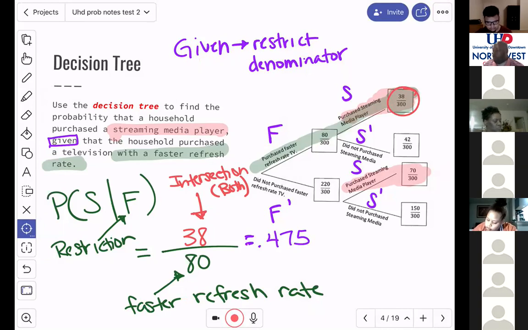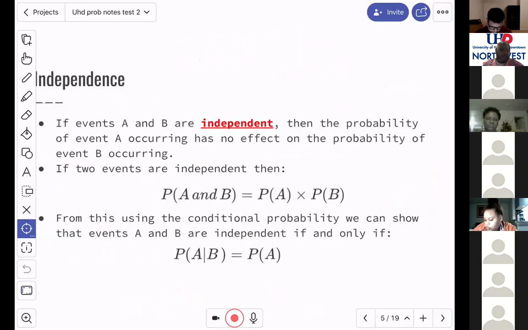Let's do another example. Or first, before we do another example, let's talk about what we call independent events, because what conditionals allow us to do is help us establish independence. When we talk about independence, here's what this means. If events A and B are independent, then the probability of event A occurring has no effect on the probability of event B occurring.